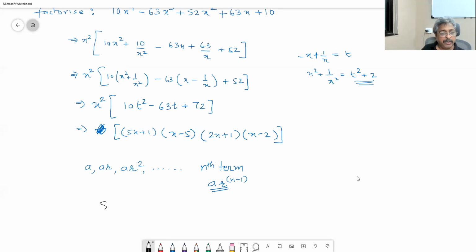Very good. So now we wish to find out the summation of n terms in geometric progression. These are n terms.